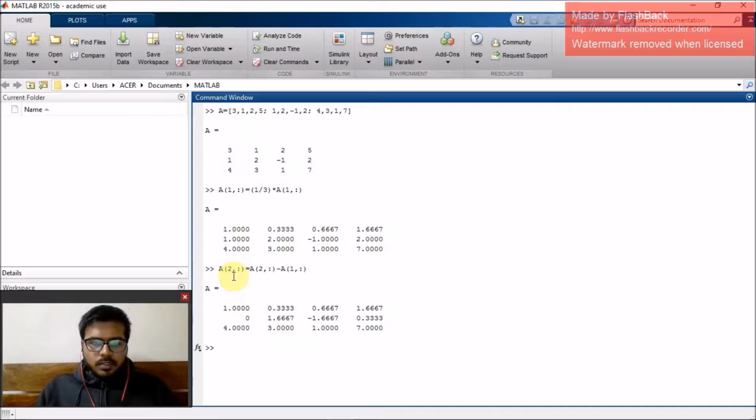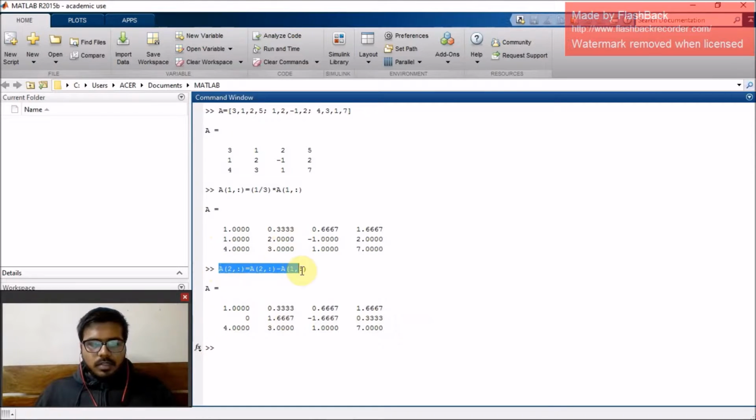When you do this, the first row is subtracted from the second row, so this means 1 minus 1, which will give you 0, 2 minus 0.333, which should give you 1.6667.